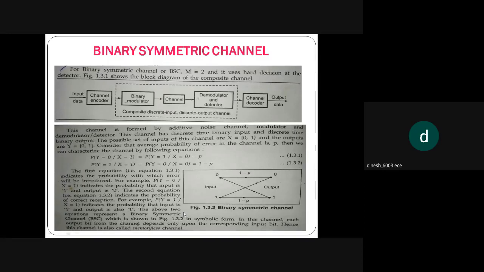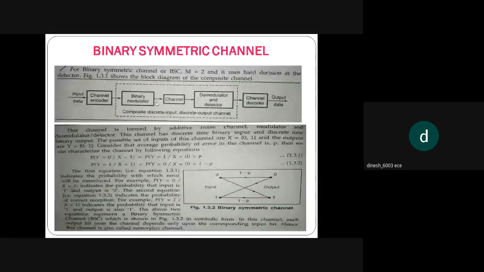So this binary symmetric channel is a special case of a memoryless channel, where the input bits and output bits correspond to m equal to 2.